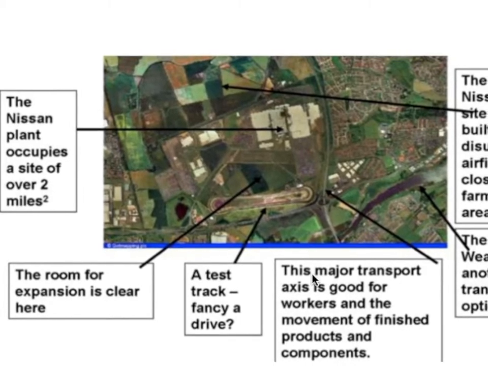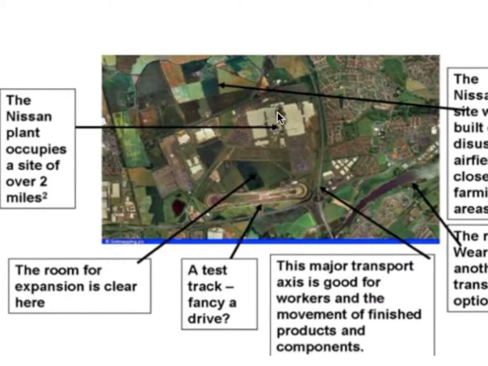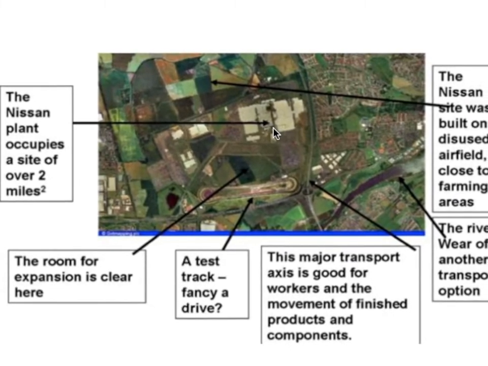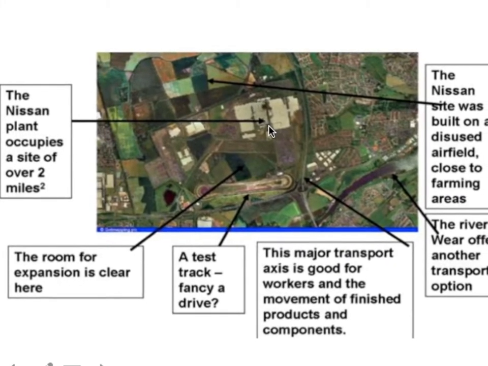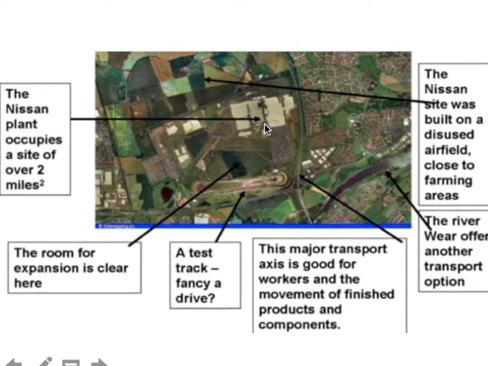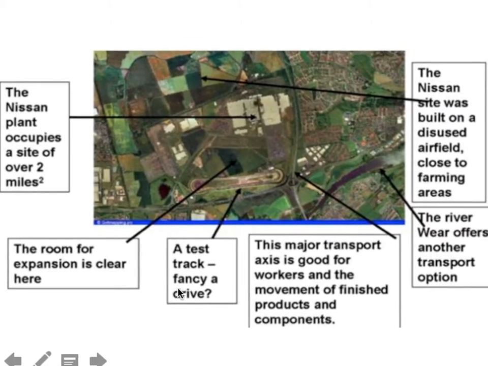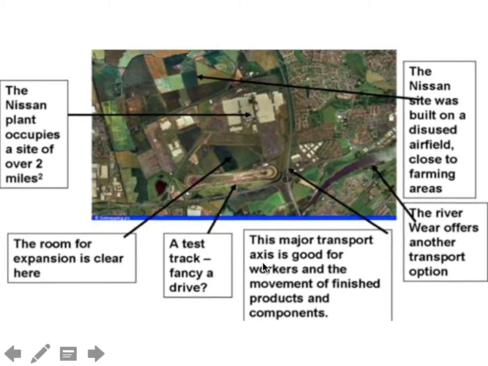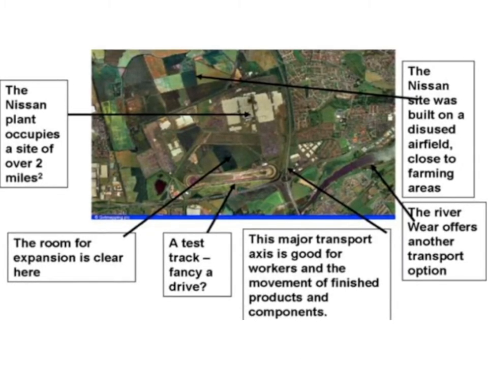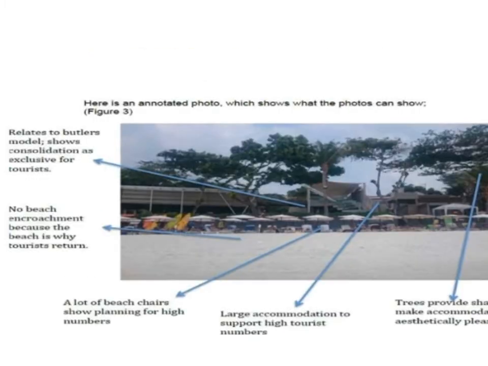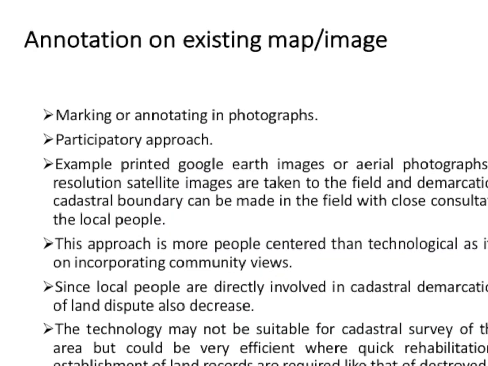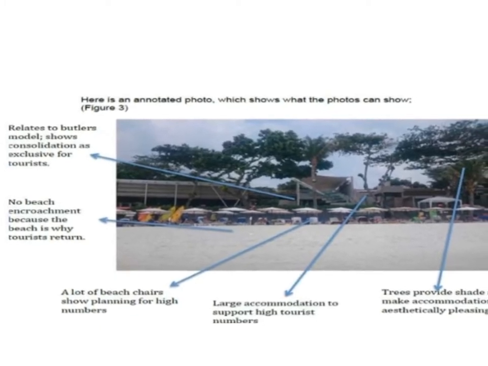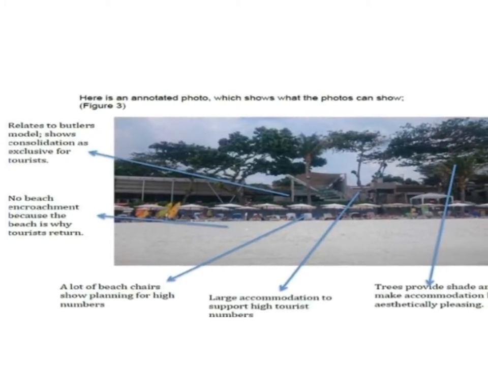This is another technique, also called geotagging. Annotation and geotagging are similar, but in geotagging we provide latitude, longitude and location data. In annotation we provide information, a description, a note or a comment on a particular picture, image or map. In this figure we can also see an annotated photo.